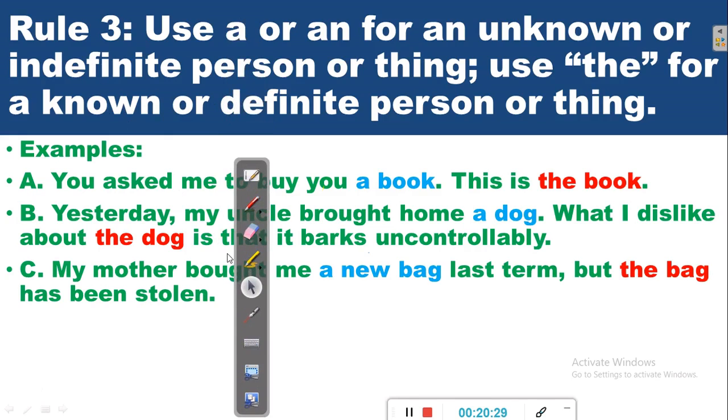Rule number 3. Use a or an for an unknown or indefinite person or thing. Something you don't know, that is not known to the listener, the person you are talking to. You use a or an. Then use the, which is the definite article, for a known or definite person or thing.